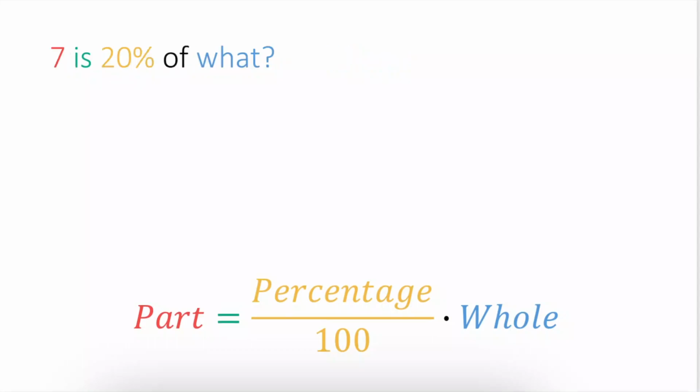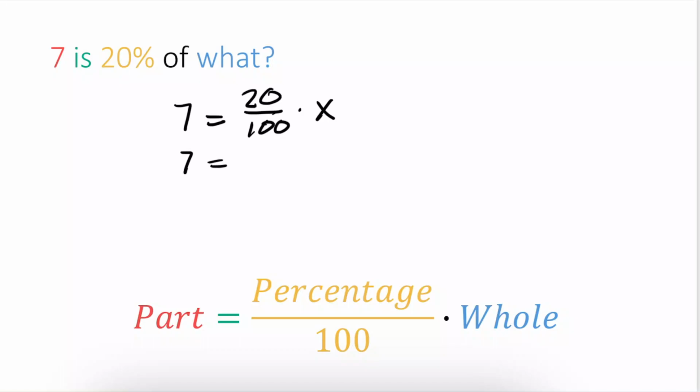So for example, let's say that we were asked, 7 is 20% of what? So 7 is the part, and we're trying to find the whole that it's 20% of. If we rewrite this statement, 7 equals 20%, so 20 over 100, of means times, and then we're looking for what it's 20% of. You could solve it with fractions, but probably an even easier way would be to write it as a decimal.